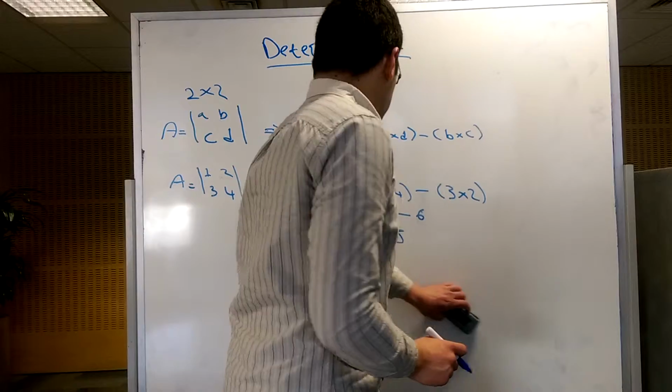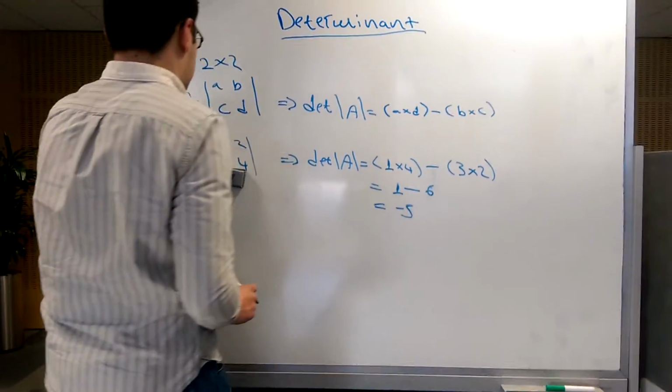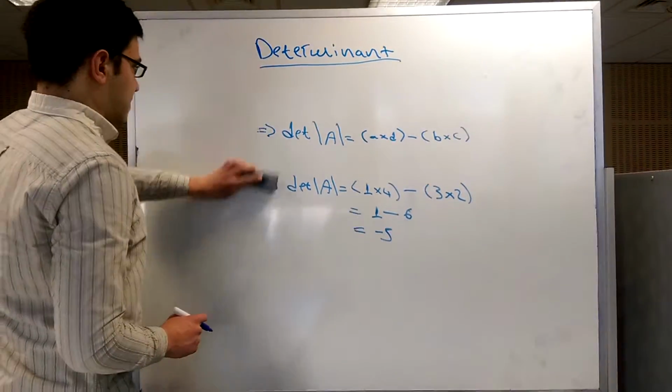So now we will see how we calculate the determinant of a 3 by 3 matrix.